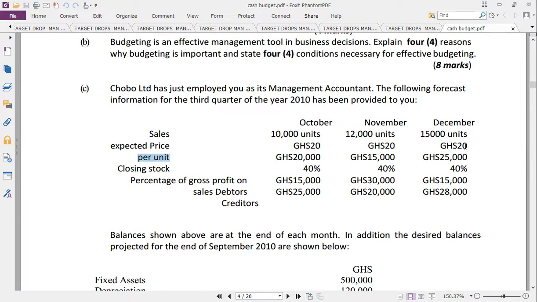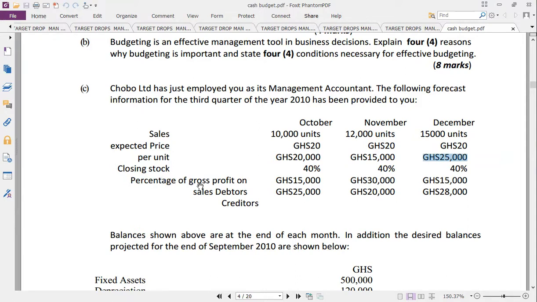The 20,000 cedis here is for closing stock. So closing stock is 20,000 for October, 15,000 for November, and 25,000 for December. Kindly make the necessary corrections, or if you have the hard copy, you can join them.